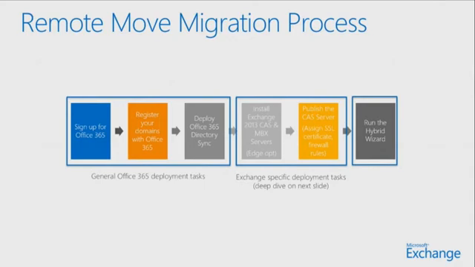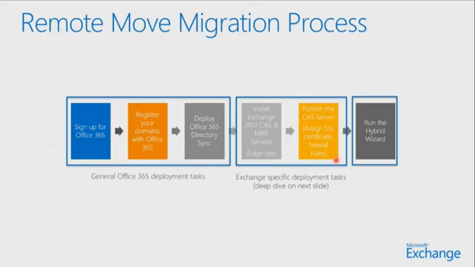So, the migration process, let's go through this real quick. Sign up for Office 365. That should be at the start of all of these slides. Register your domains. Deploy Office 365 directory sync. Install Exchange 2013 CAS and mailbox servers. And remember, with the enterprise versions of Office 365, you do get a license for on-premise Exchange 2013.